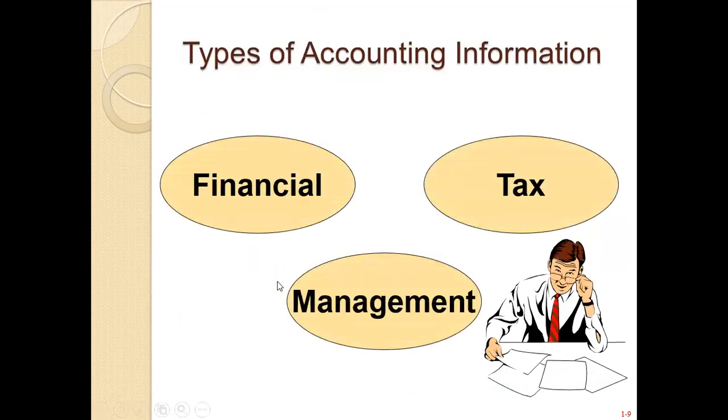Now we talk about the types of accounting information, which kind of accounting information an organization normally needs. As you are familiar with the word financial, we already use the term financial accounting.